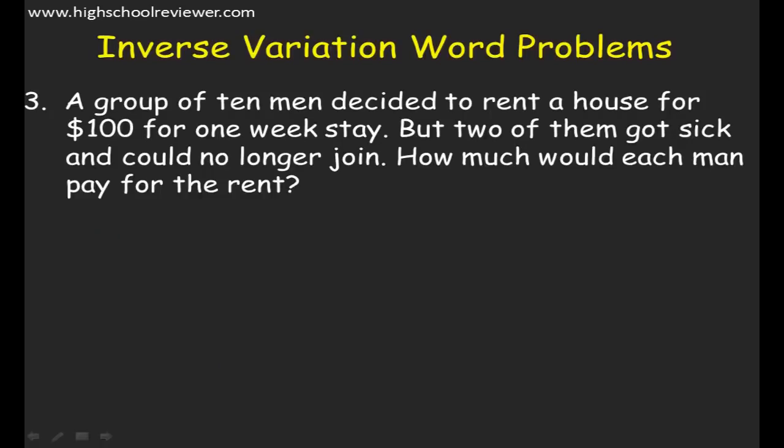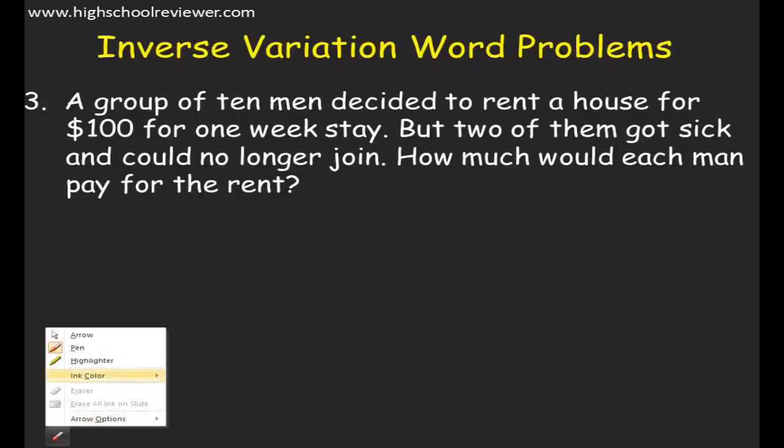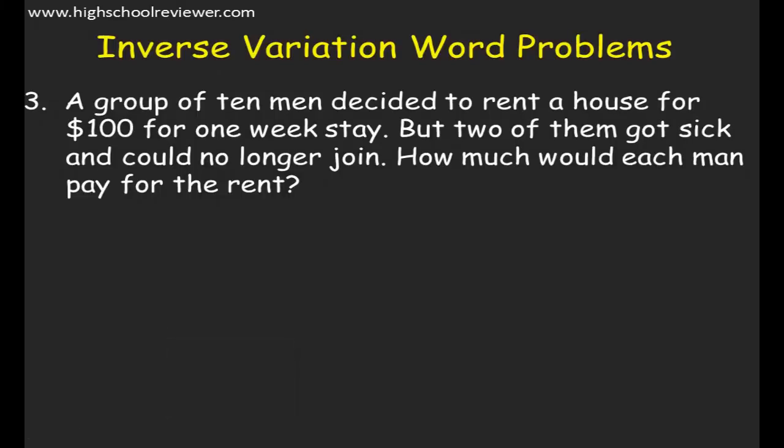Problem number 3. A group of 10 men decided to rent a house for $100 for 1 week stay. But 2 of them got sick and could no longer join. How much would each man pay for the rent?